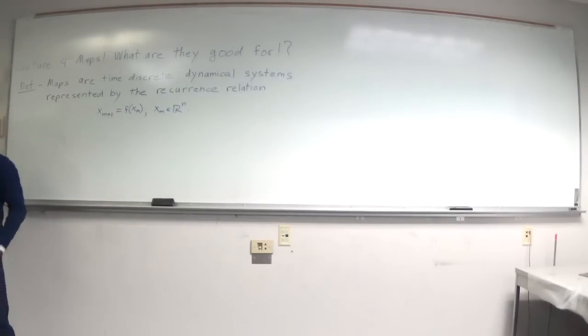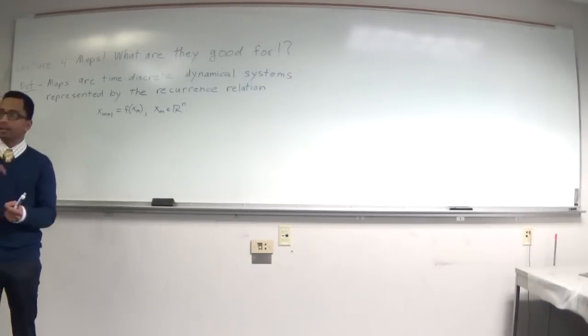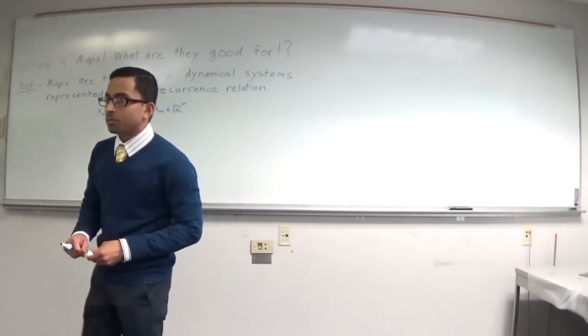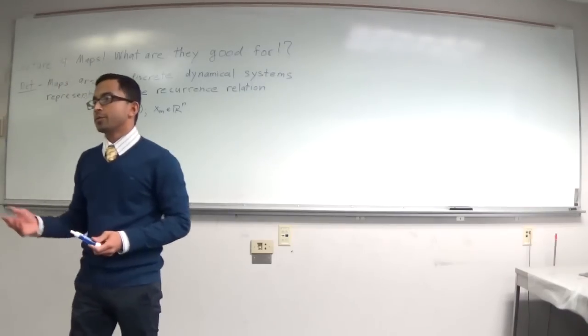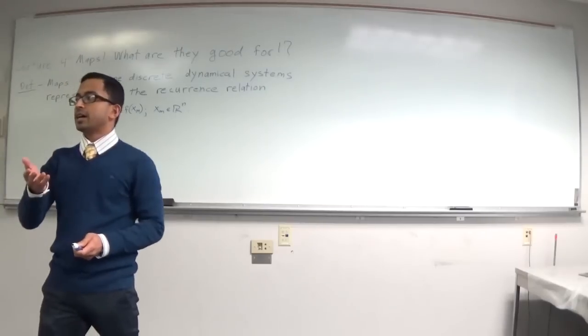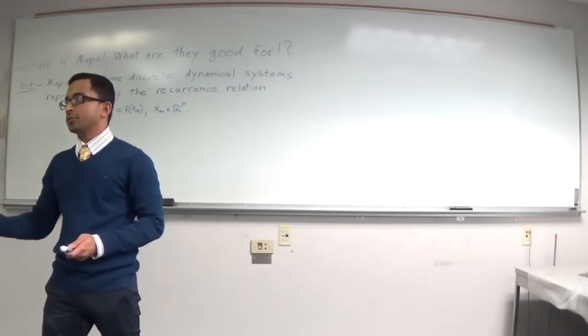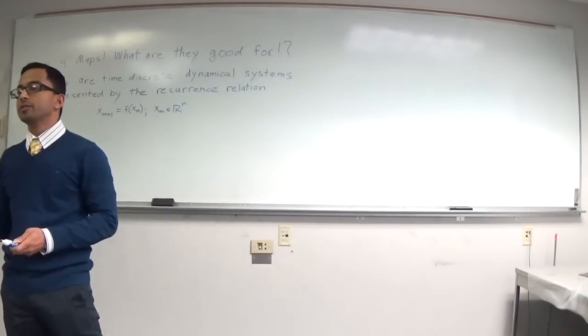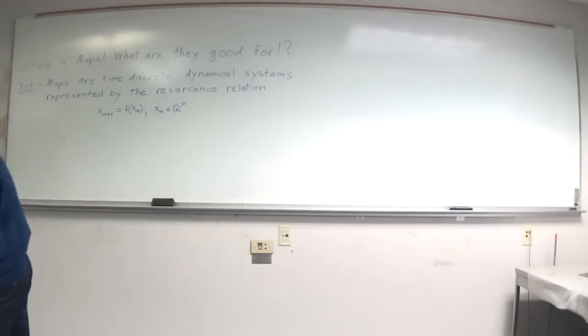That's how I would define a map. You give me a starting value, and then for every time period, it iterates that value. For numerical schemes like Runge-Kutta, we take the differential equation, discretize time, and change it into a difference equation like this. But here, we go straight to that.